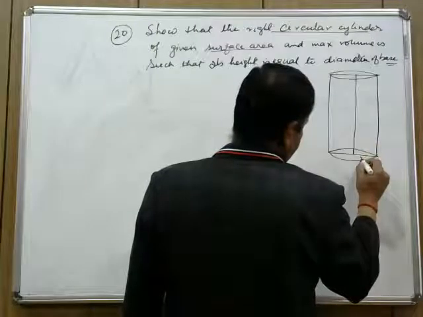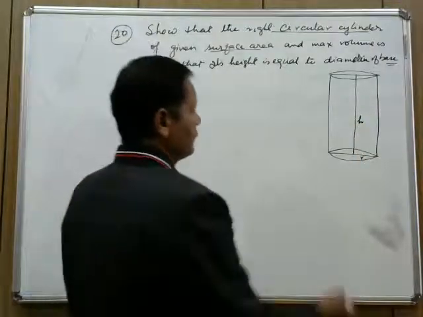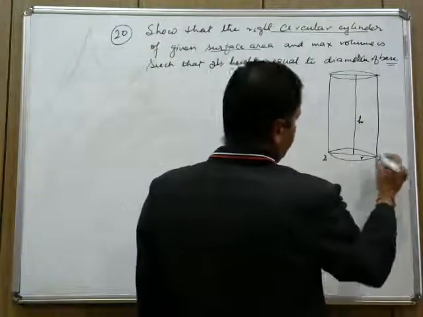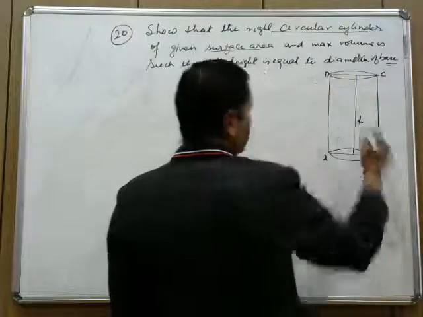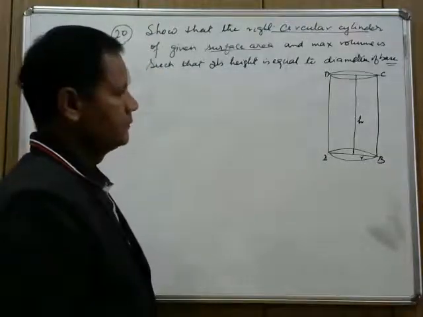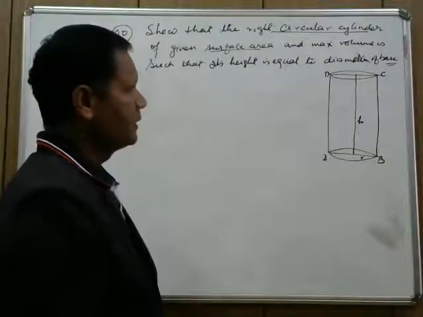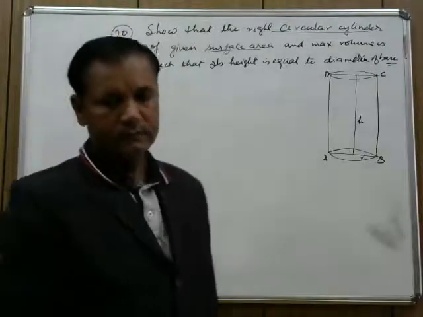Let ABCD be a right circular cylinder in which the radius is r centimeter and the height is h centimeter. Okay.